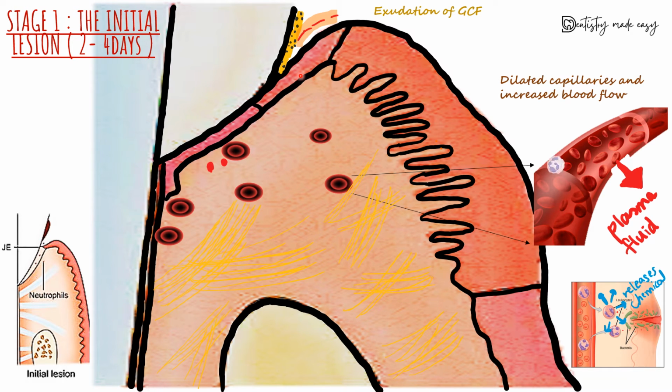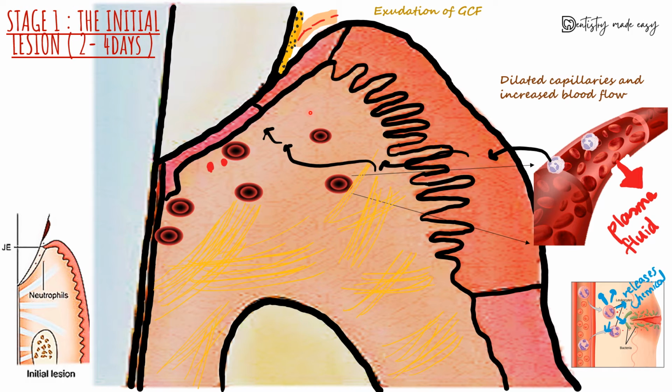Now the next manifestation that you will see in this stage 1 will be that the neutrophils are adhered towards the vessel walls. So this is nothing but the adherence or the margination of the neutrophils towards the vessel wall. And after this, the neutrophils will escape out of the capillaries via a process which is known as diapedesis.